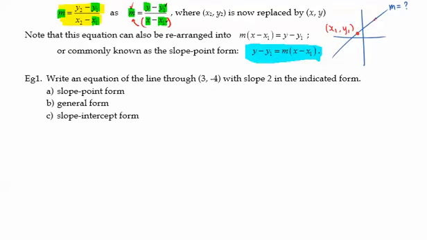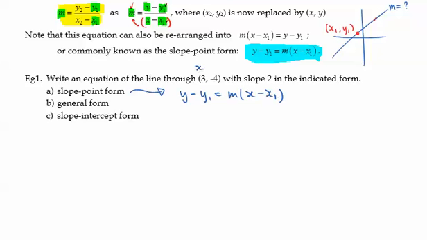So here in example number 1, right away if they give us a point and a slope, I can always start these questions with the equation here. This equation will be given to you on the provincial exam and on my quest. You don't need to remember this, but you need to know how to make use of it.